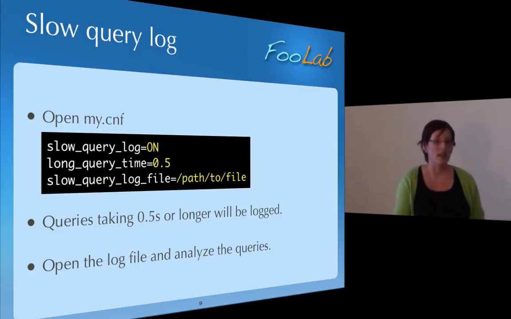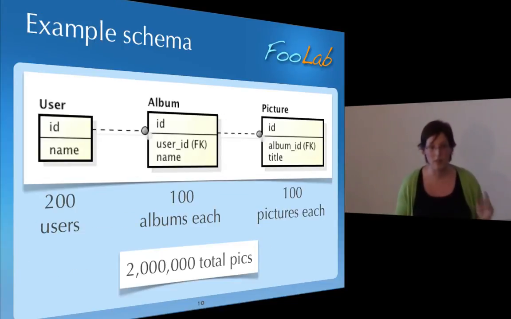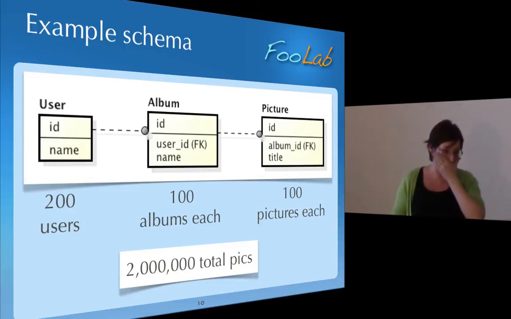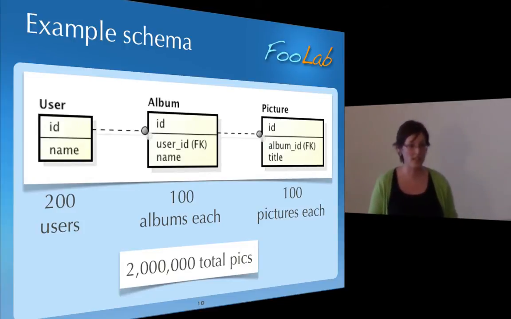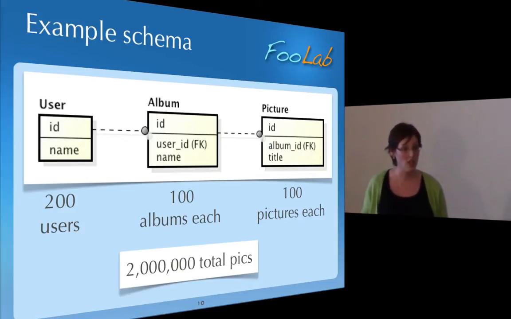It's just a little text file, and every query that takes above 0.5 seconds is going to be logged. And then you can take it and run it with a prefix, which is actually, before I go into the prefix, I will show you an example of a schema. This is, as I showed earlier, users with albums with pictures.